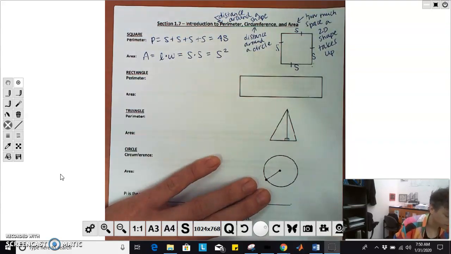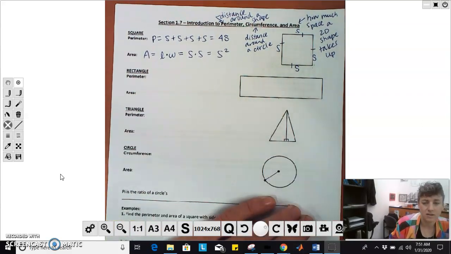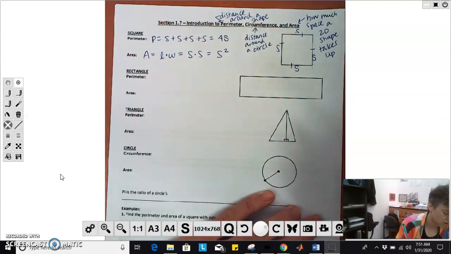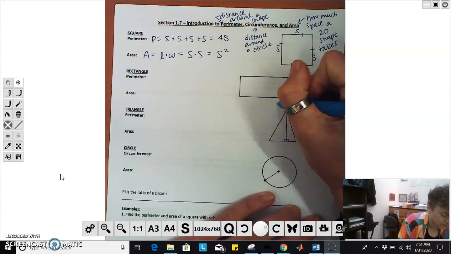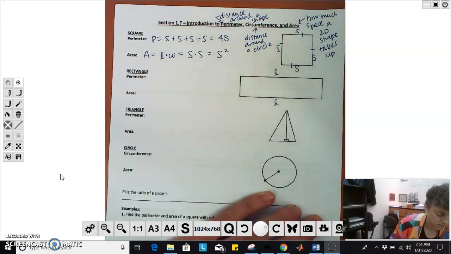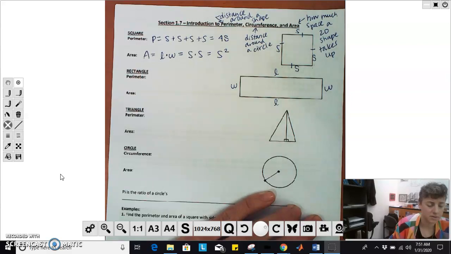Cool. All right, now we've got a rectangle. Rectangle has 2 sides that are the same length on the top and bottom, and another set of 2 sides that are the same length. So let's call this one L for length, meaning this one is also L. Let's call this guy width, same length.